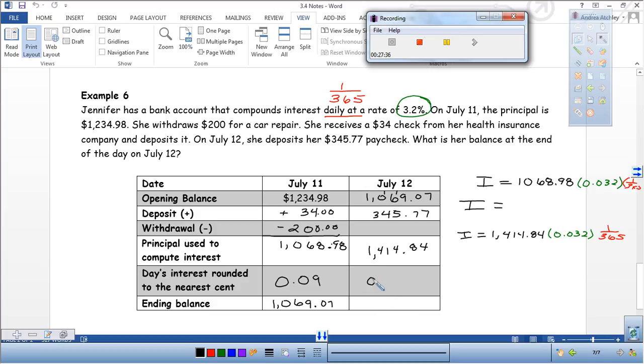So she's going to get 12 cents. We add those two together and get $1,414.96. Any questions over that? Okay.